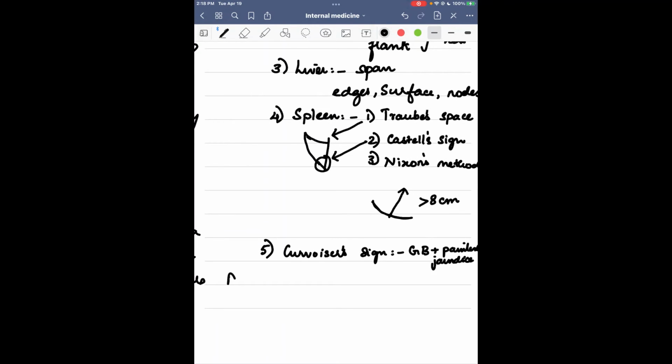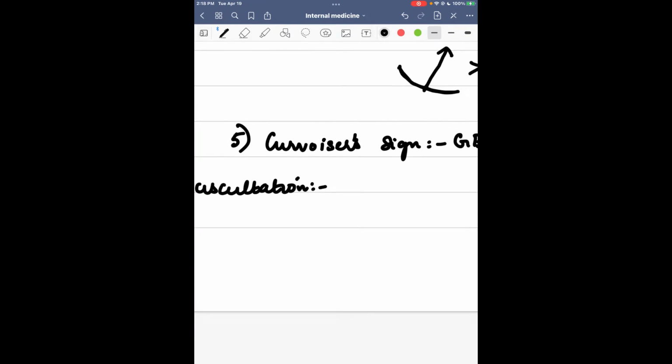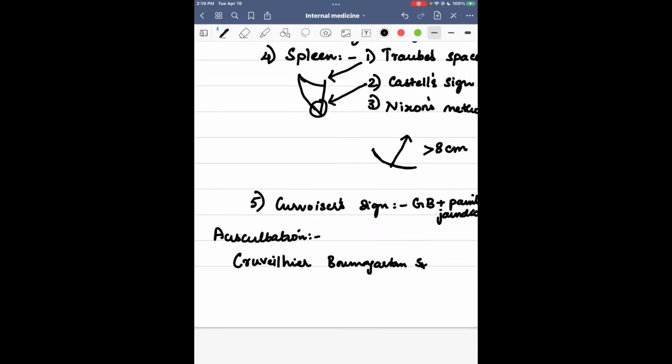And then finally, auscultation. This is where I wanted your insight as well. There is a sign called, if I'm pronouncing it correctly, Cruveilhier-Baumgarten syndrome.